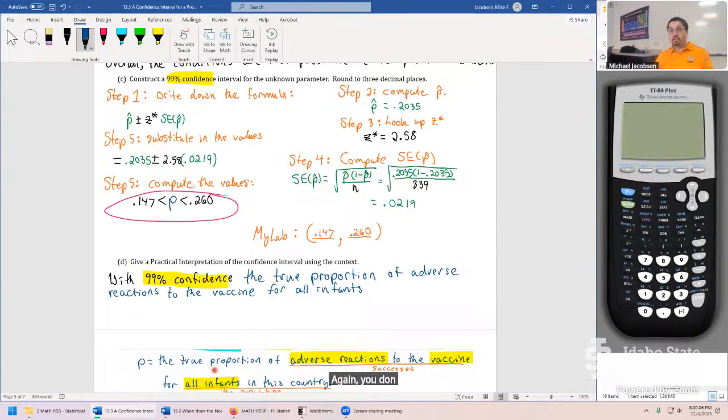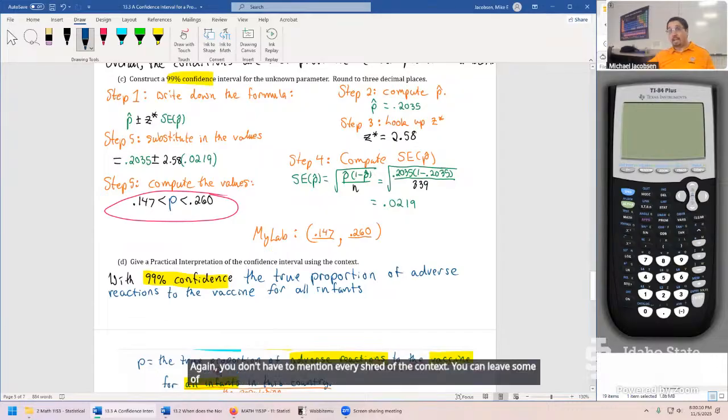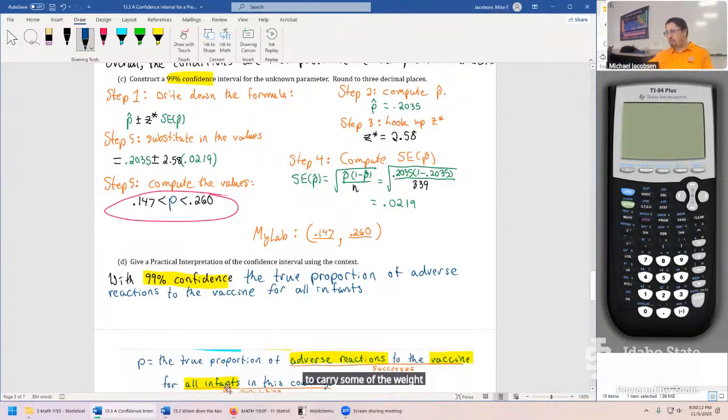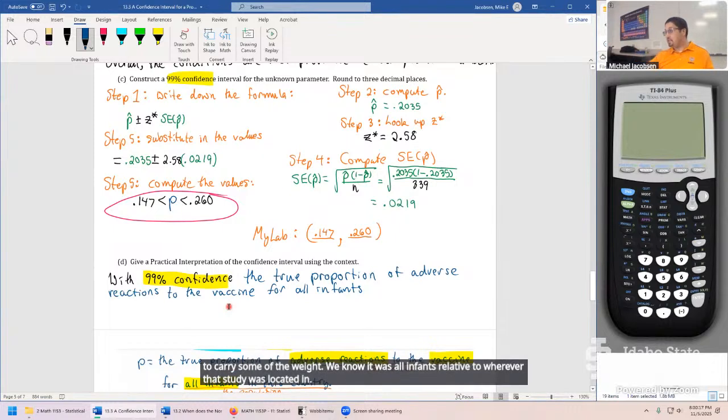Again, you don't have to mention every shred of the context. You can leave some of the original problem to carry some of the weight. We know it was all infants relative to wherever that study was located in, turned out to be Great Britain.